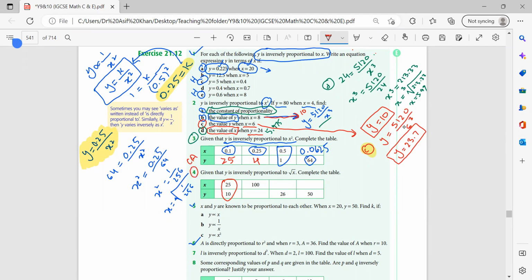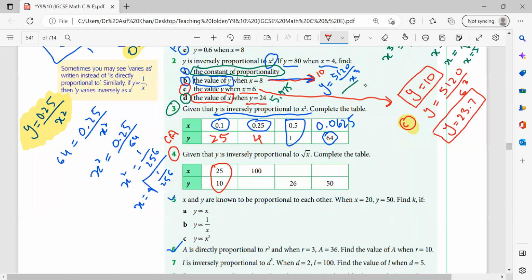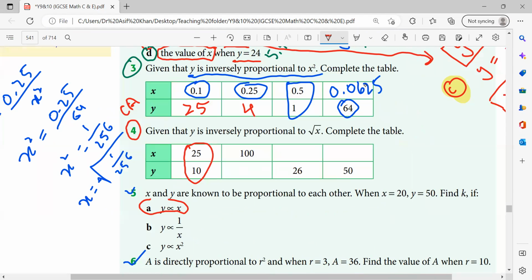In question number 5, you can see the first part is from direct proportion. Here, y is directly proportional to x. This thing is given. And for finding the value of k, x is equal to 20, y is equal to 50 is given. So when y is directly proportional to x, how will you write this?